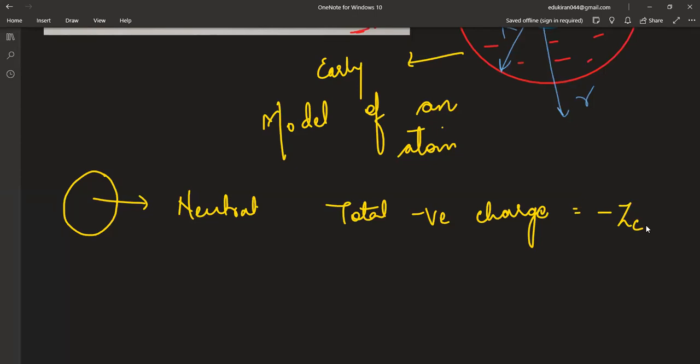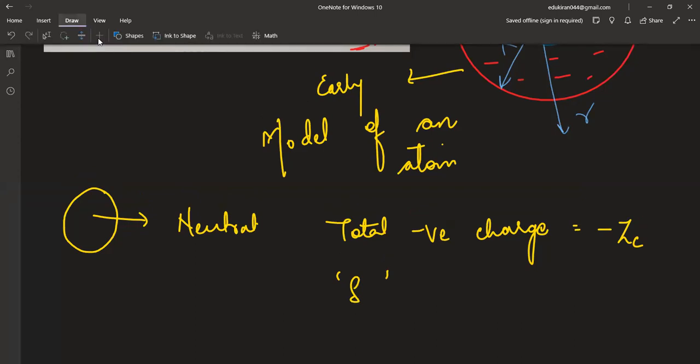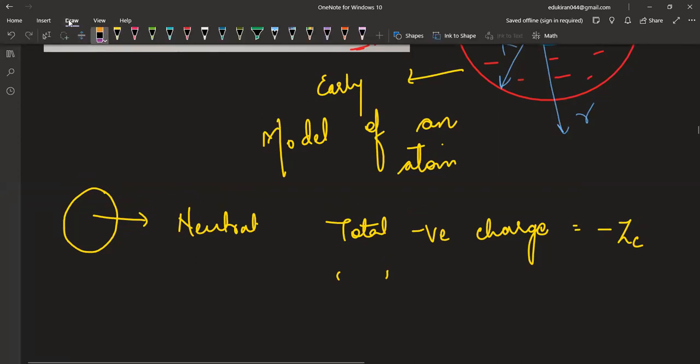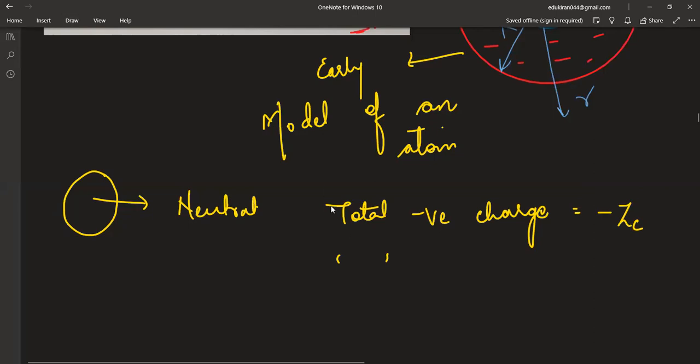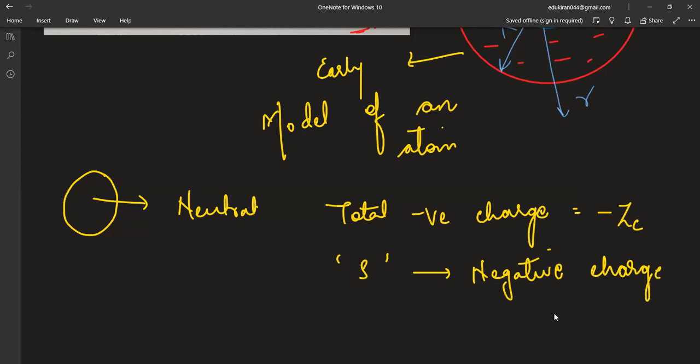Let's say rho is the negative charge density.